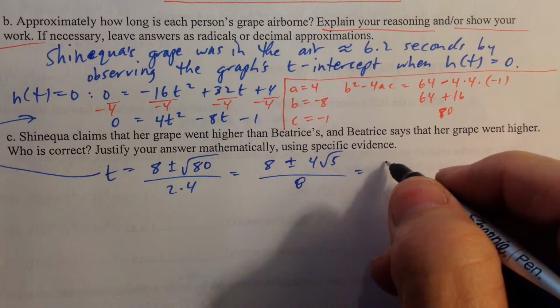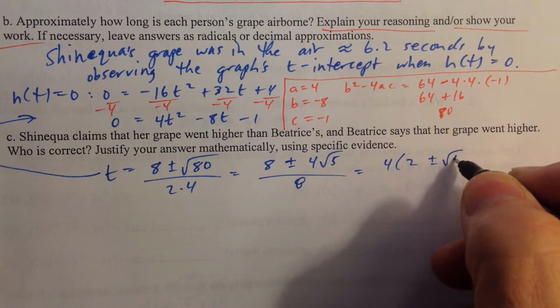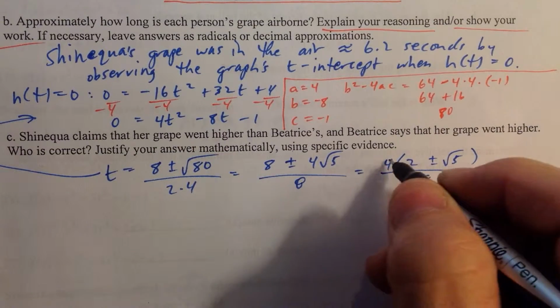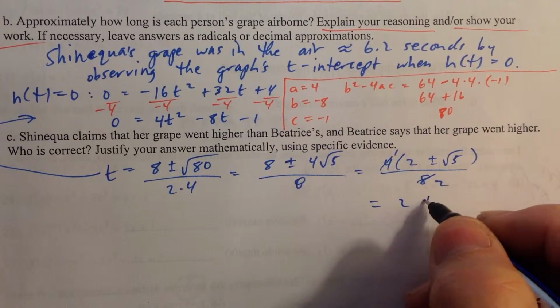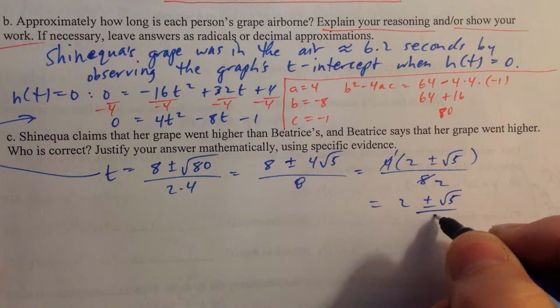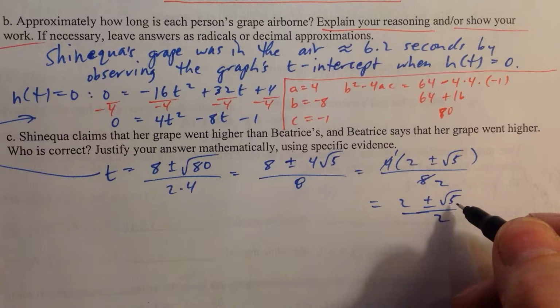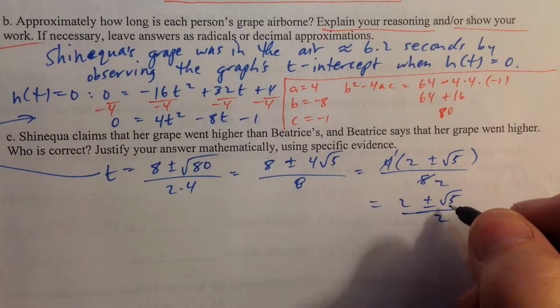So we can factor out a 4, and we get 2 plus or minus radical 5 over 2. If you think about it, 2 minus radical 5 is going to be a negative number, so that's not going to do us any good. The positive side is 2 plus radical 5 over 2.